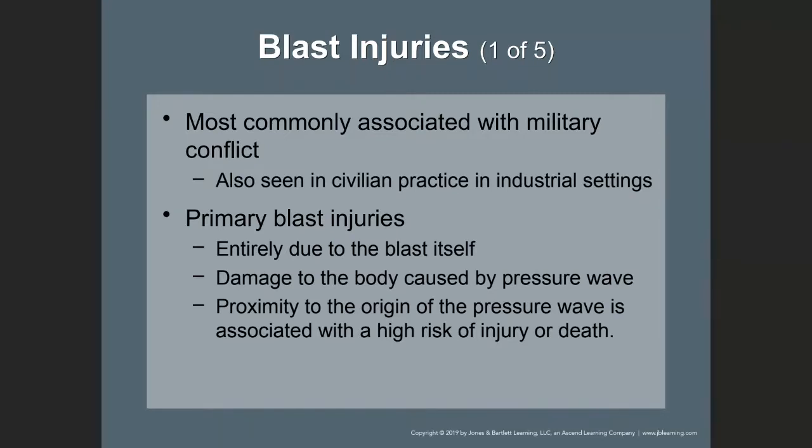Damage to the body is caused by the pressure wave. Proximity to the origin of the pressure wave is associated with the highest risk of injury or death. An explosion is when a solid, liquid, or gas is rapidly heated and it expands.